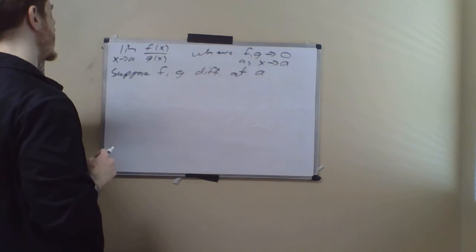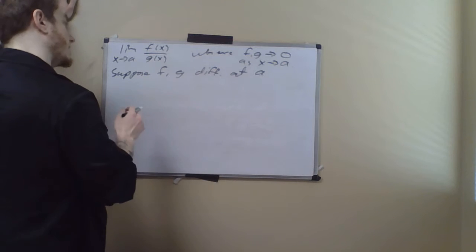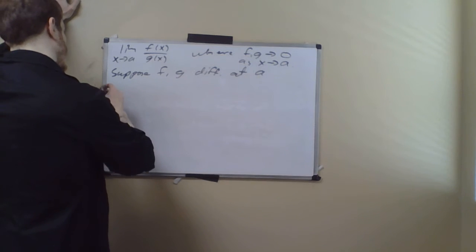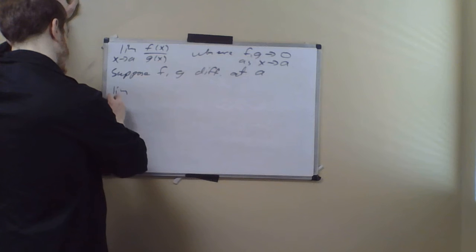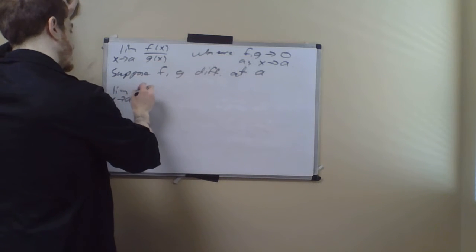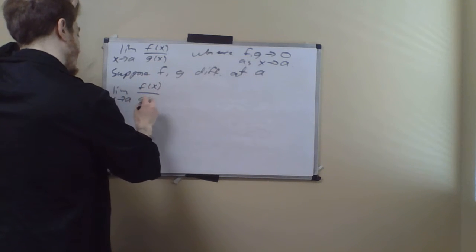what we can do is replace this with the limit as x approaches a of f of x over g of x.